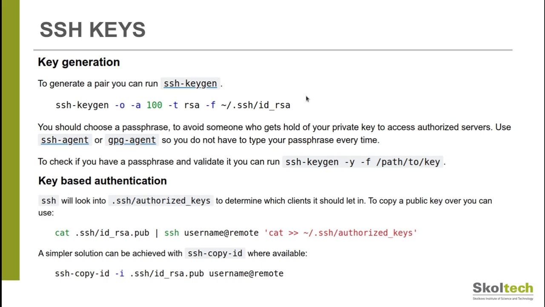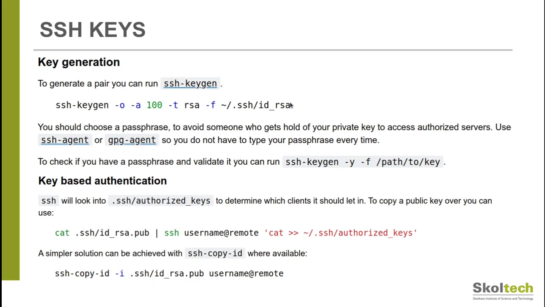I encourage you to understand each flag of this command before doing that, so please refer to the man page. Here you should choose a passphrase to avoid someone who gets hold of your private key accessing authorized servers. That means you can guard your SSH key with your own passphrase that you store in your head.